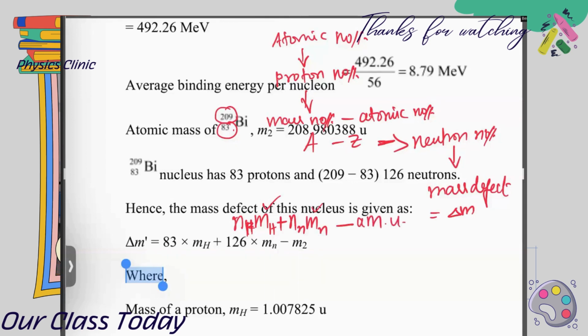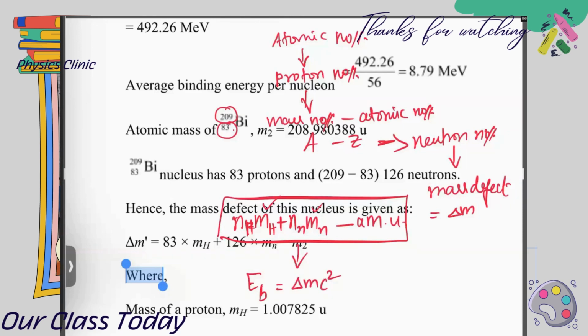Okay, so this will be the delta M, and from this, to find the binding energy, you have to use Einstein's relation, that is delta M into c square. And don't forget to convert in between. If the answer is in atomic mass unit, you should convert that into million electron volt by multiplying by 931 million electron volt per c square.